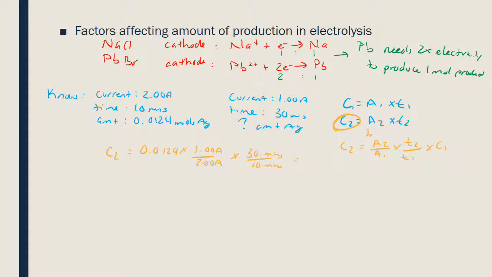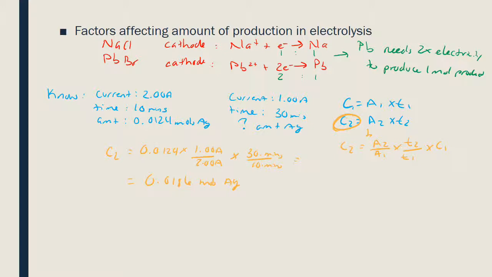This is going to give us 0.0186 moles of silver. Now we can look at the ratio and what we're changing and how much product we're going to get, and we can move that information forward.